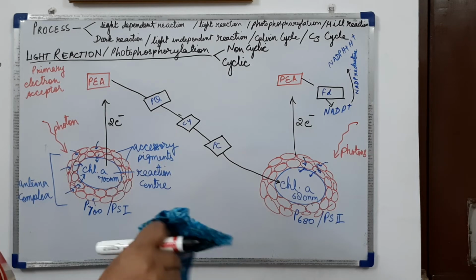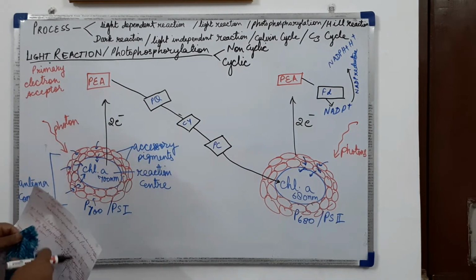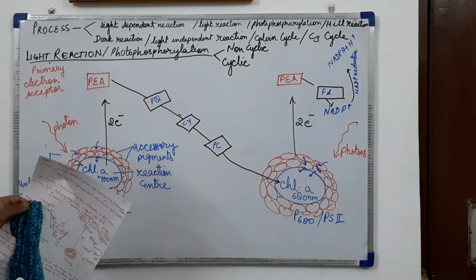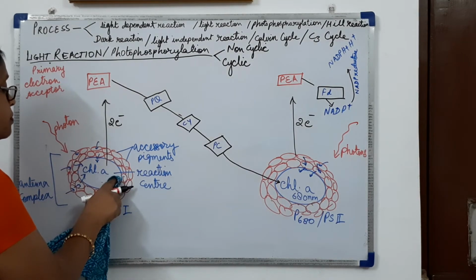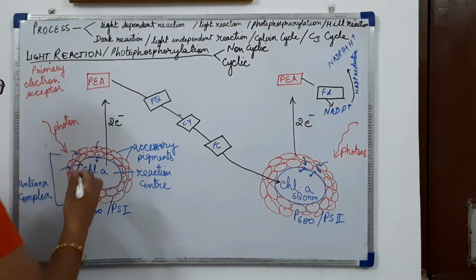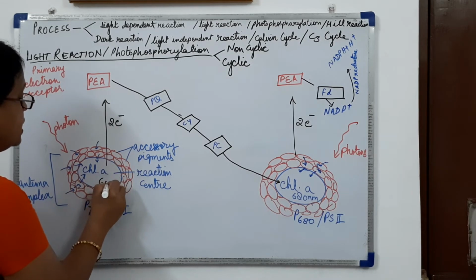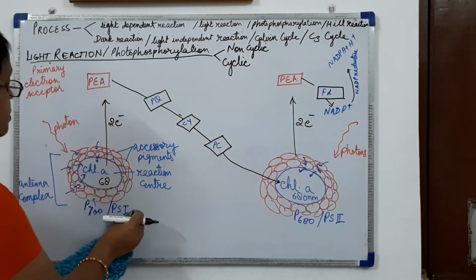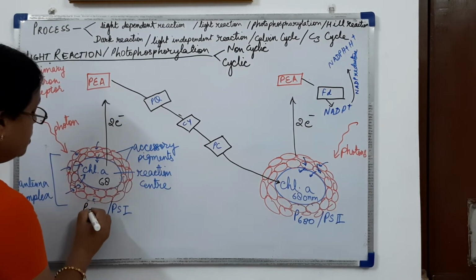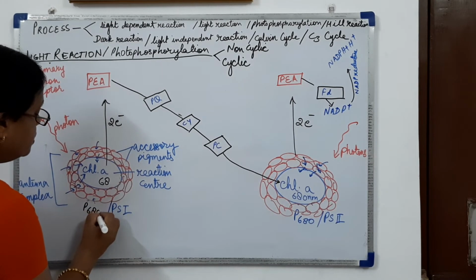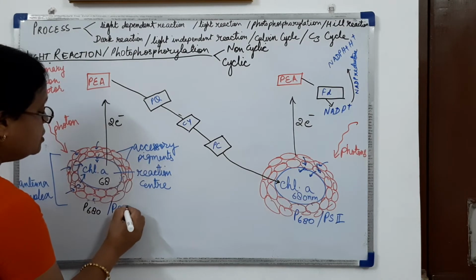First of all, pigment system 2 will be involved. So here we will write 680, and this will be P680, and this is pigment system 2.